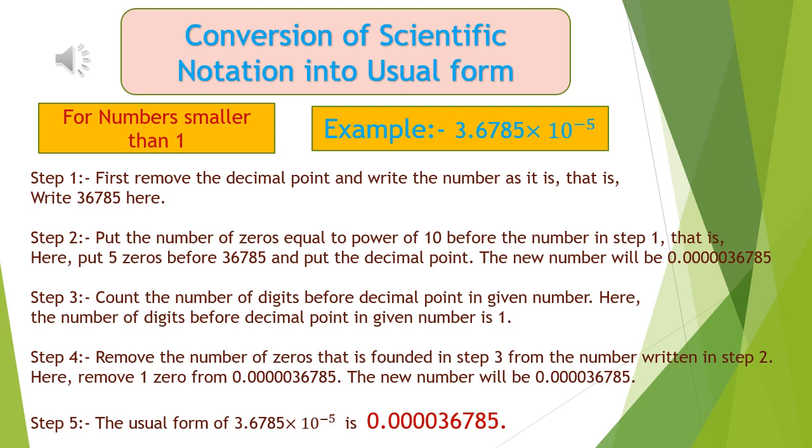So the new number will be 0.0000368785. That is 4 zeros before 36785. So the usual form of 3.6785 multiplied by 10 raised to the power minus 5 is 0.0000368785.